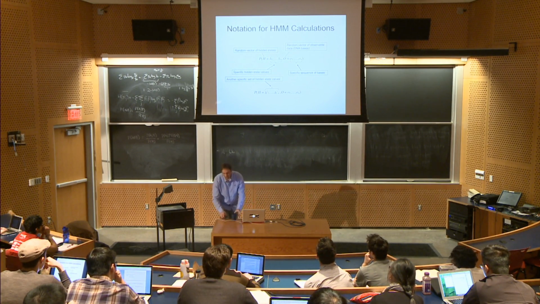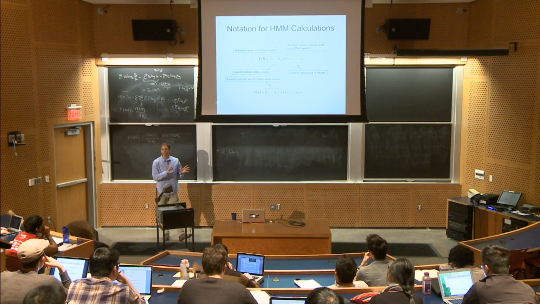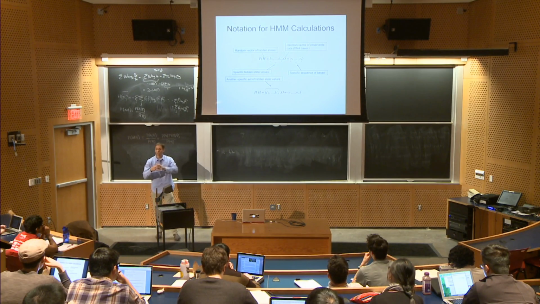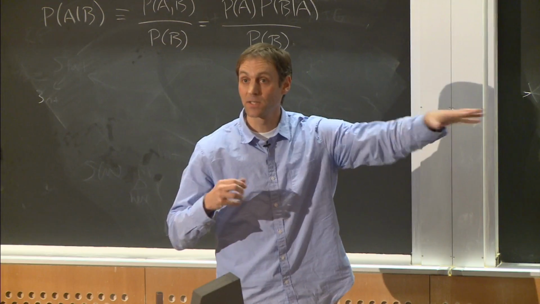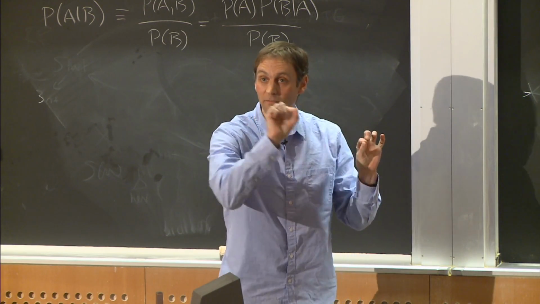Well, no, in this case, these are probability statements about random variables. So H is a random variable which could assume any possible sequence of hidden states. The little h's are specific values.